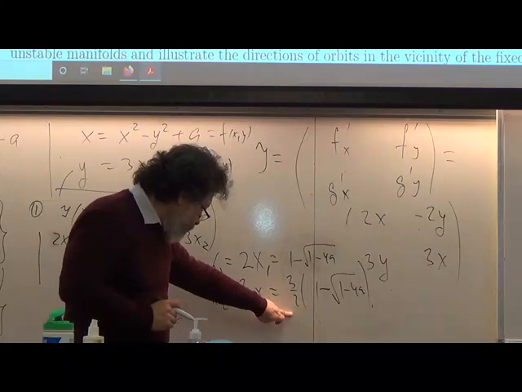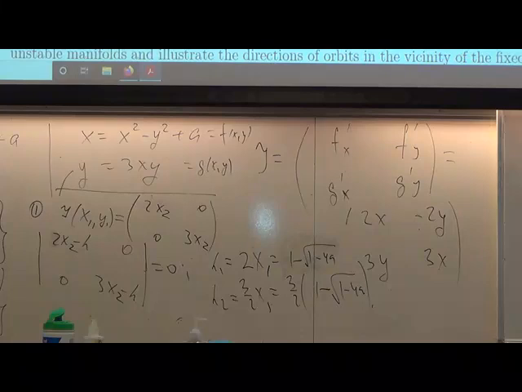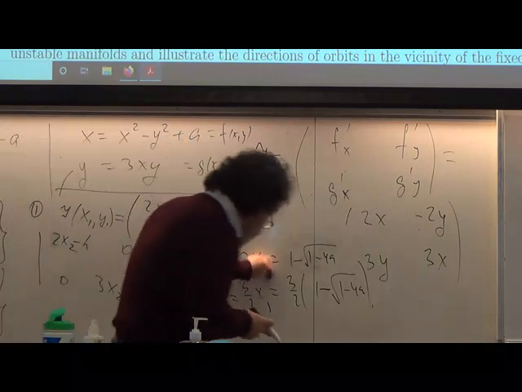And this equals 1, right? 3 over 2 times (1 minus 2 over 3), so lambda 2 equals 1. For this guy, lambda 2 equals 1. So let's keep it like this.